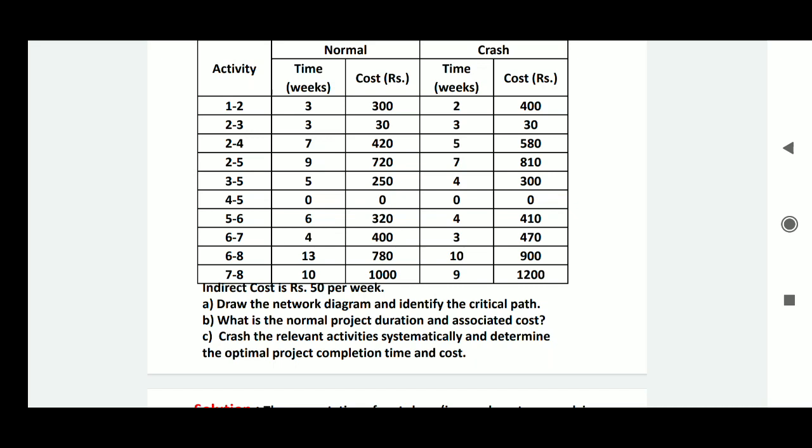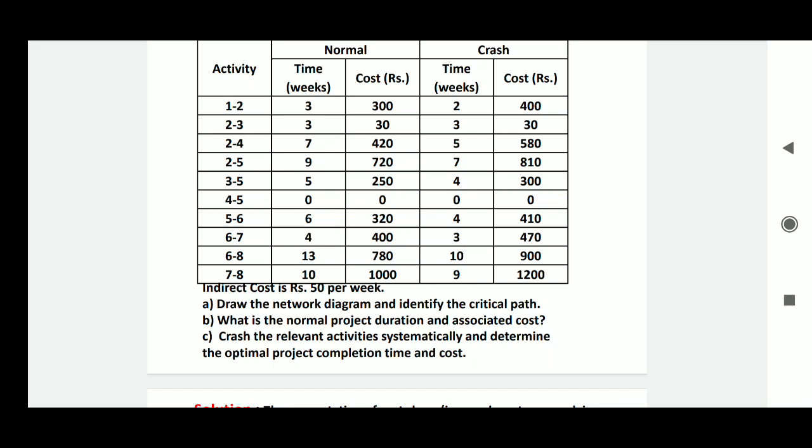So here the question is, point A, draw the network diagram and identify the critical path. Question B is, what is the normal project duration and associated cost? If we do not crash the network, what will be the normal duration and the normal cost? Then C, crash the relevant activities systematically and determine the optimal project completion time and cost.